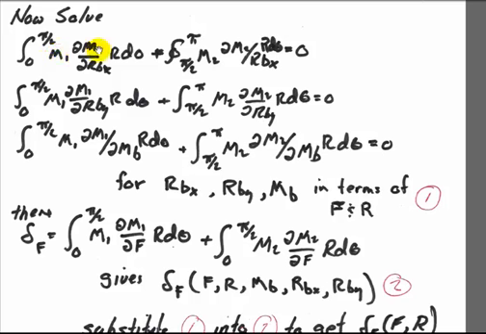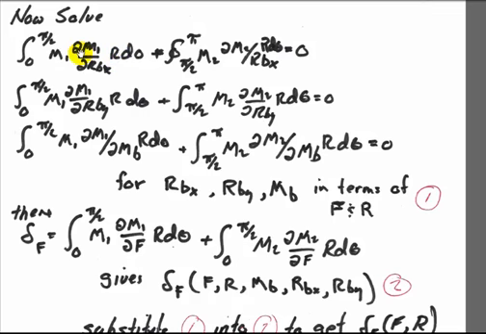We have the partial of M1 with respect to the x load, and we plug it in right here for region 1. And we're integrating from 0 to pi over 2. Then in region 2, we're integrating from pi over 2 to pi, of moment number 2, for which we have that formula right above, and the partial of moment 2 with respect to the x load. In both cases, we replace dx with R d theta.